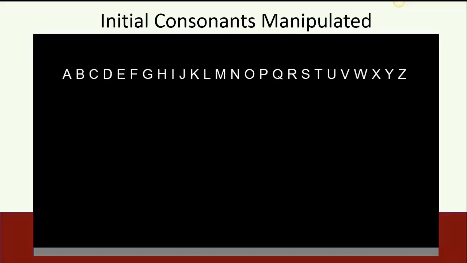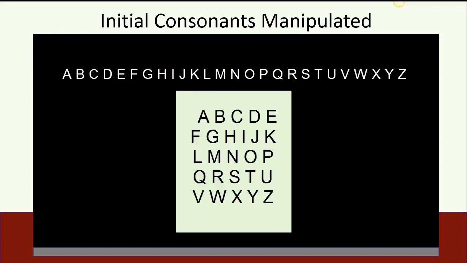The teacher can also use magnetic letters on the board or a magnetic journal if working with an individual student or small group, and build syllables for the students to take turns decoding. Initial consonants can be manipulated.